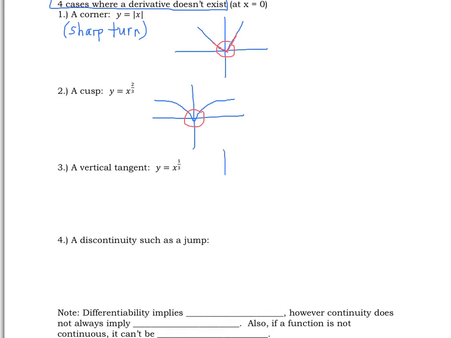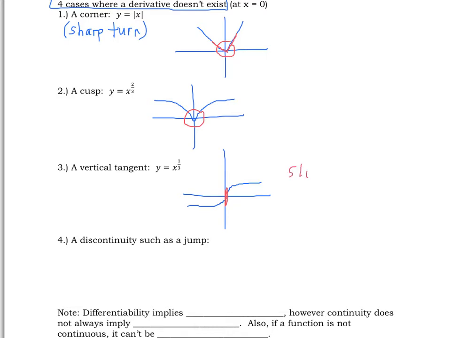Let's look at y equals x raised to the 1/3 power. If we were to graph this and focus in on what's happening at the origin, my graph is not very good there, what you would see is that you have a vertical tangent line right there at x equals 0. So for a split moment, the slope of the tangent line is undefined. It's perfectly vertical.